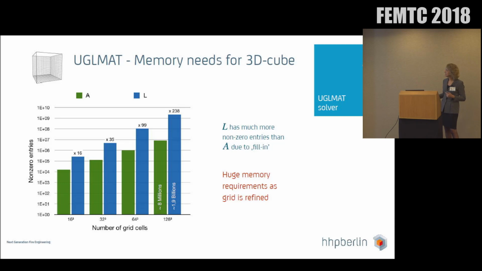As you can see here, in the case of 128 to the 3 grid cells, L takes about 240 times more storage than A, more double precision values, which is a lot. But these are 2 million unknowns.